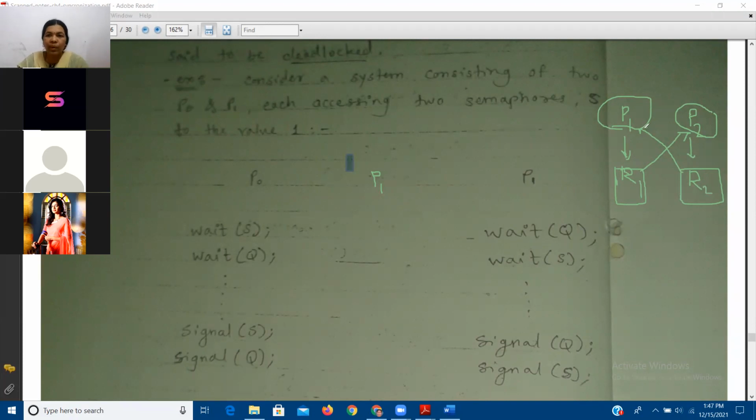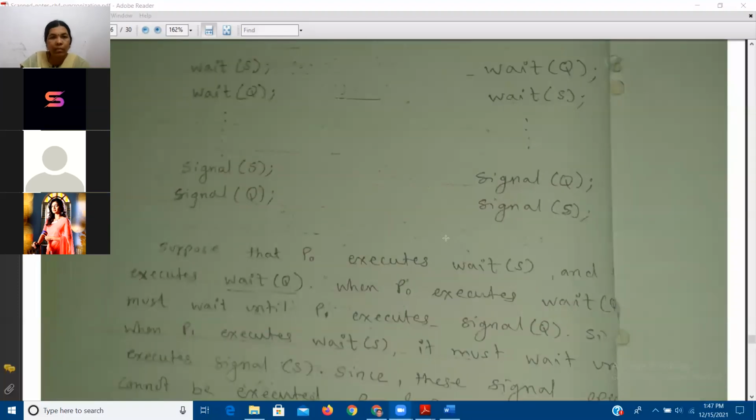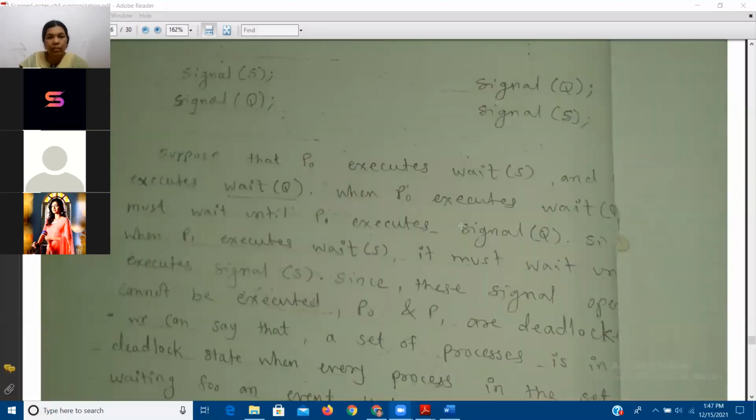Here I assume P1, P2, so you may assume P0, P1. Right? Okay, so just note down this. All of you write down this.